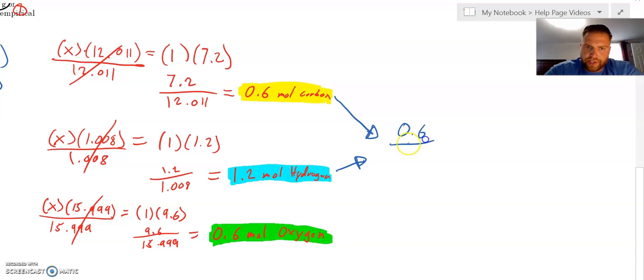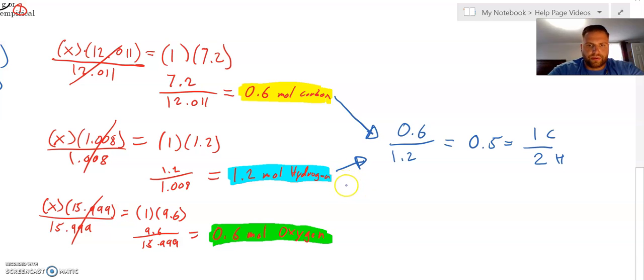So 0.6 divided by 1.2 turns out to be 0.5. And if you turn this decimal into a fraction, it ends up being 1 divided by 2. So what this says is I have 1 carbon to every 2 hydrogens.